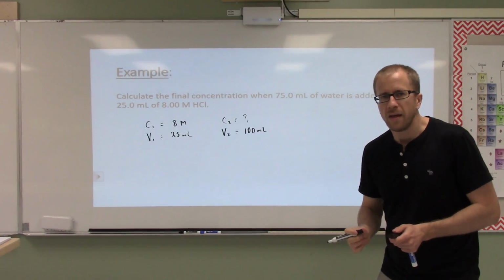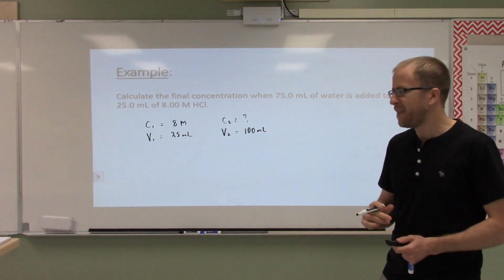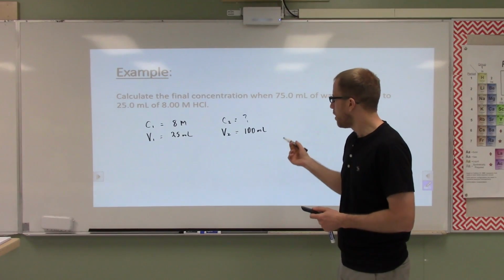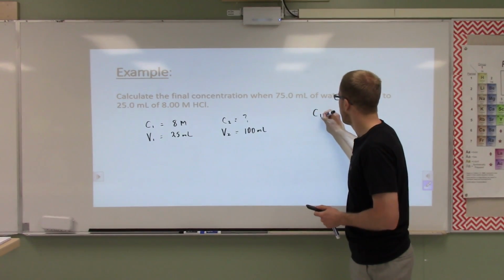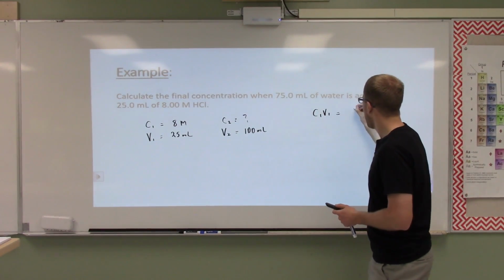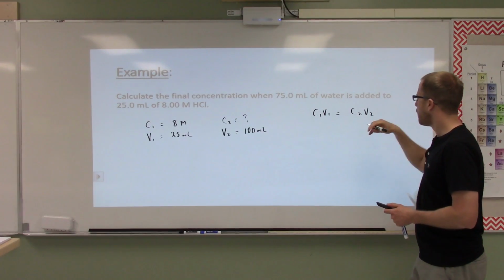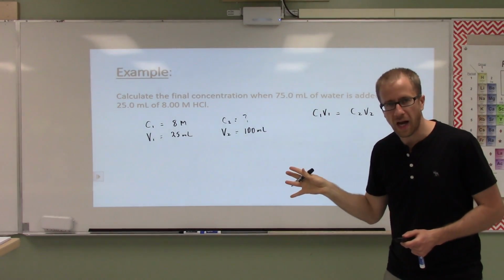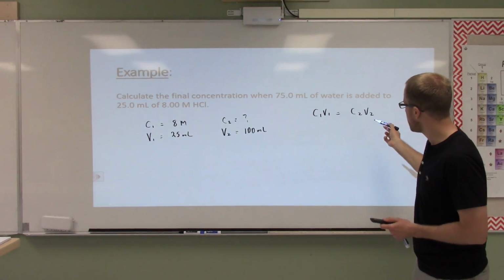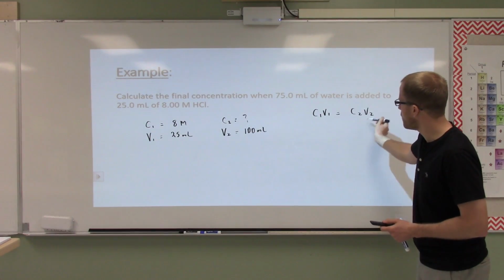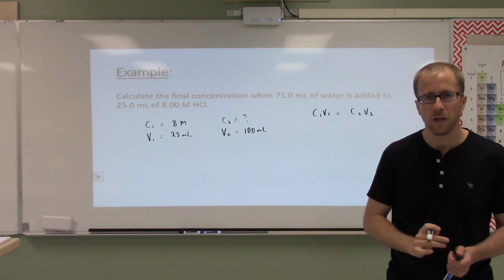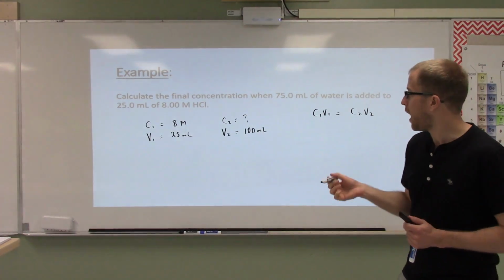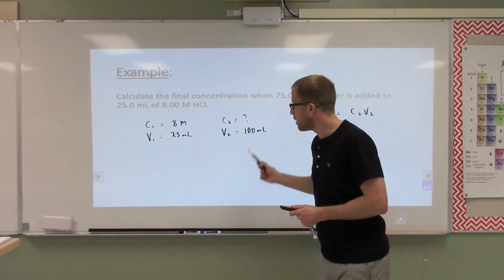Now, unlike before, since our equation has volume on both sides, if I try to isolate C2 here, it's going to be V1 divided by V2. Since that's the case, you could actually leave your units in milliliters.